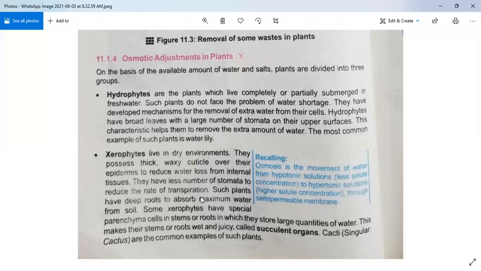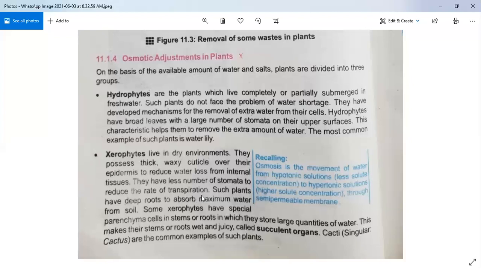So there is a higher concentration of water, and this water is carried up to the aerial parts of a plant by xylem vessels. So water molecules move from higher concentration, which is in the roots, to the aerial parts above the ground, which have lower concentration. Okay, so this is the function in xerophytes.